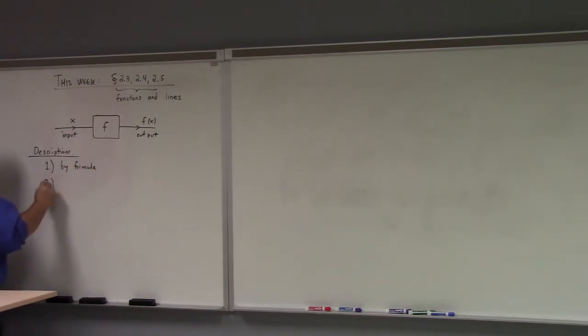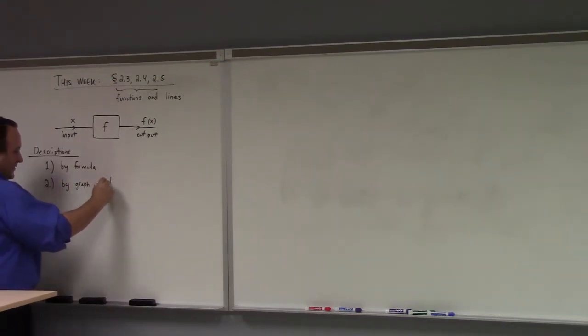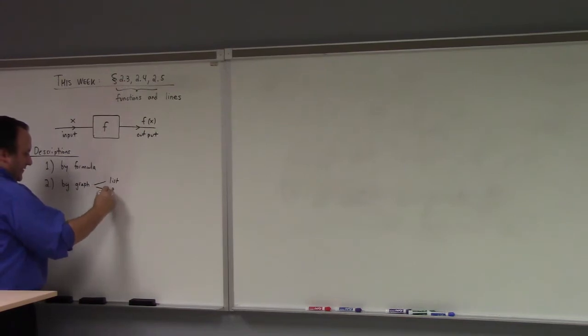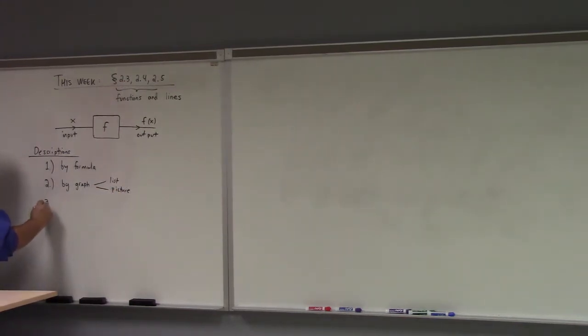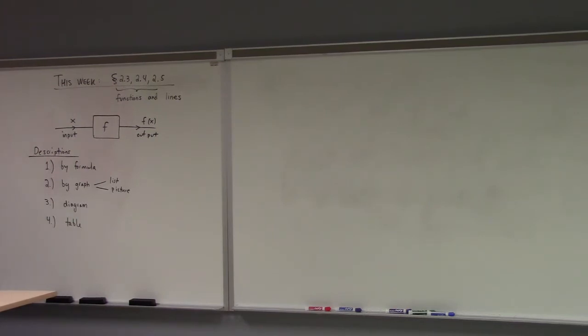Number 2, by a graph. And that could either be a list or a picture. Number 3, by a diagram. And number 4, by a table. All right. So these are 4 common methods.